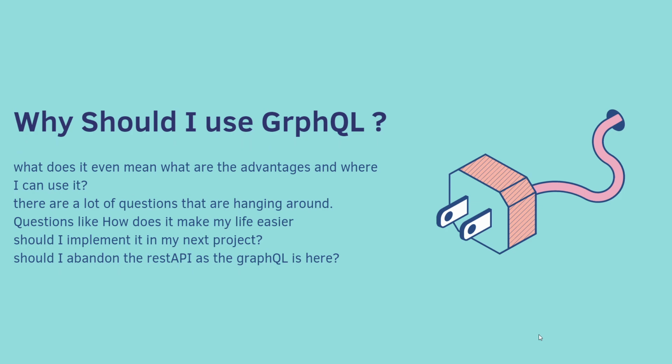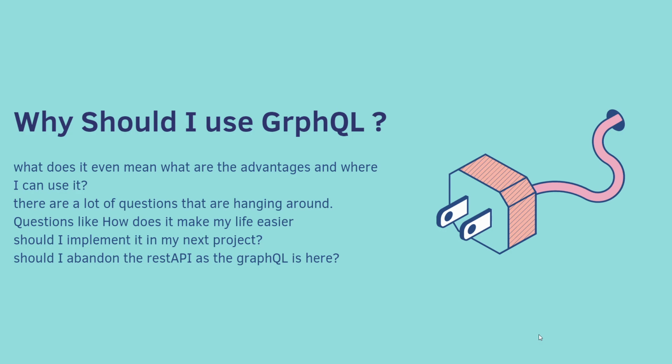Now a question arises: why should I use GraphQL when we have SOAP and REST APIs? What does it even mean?